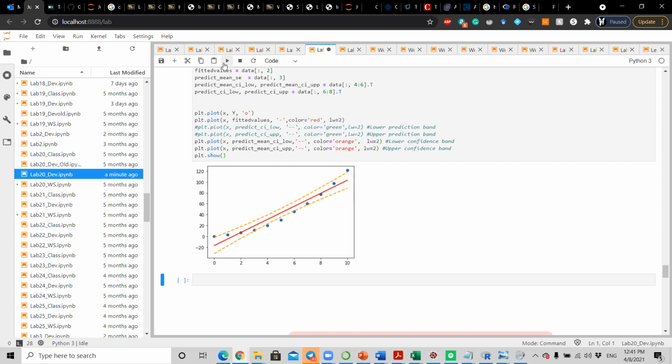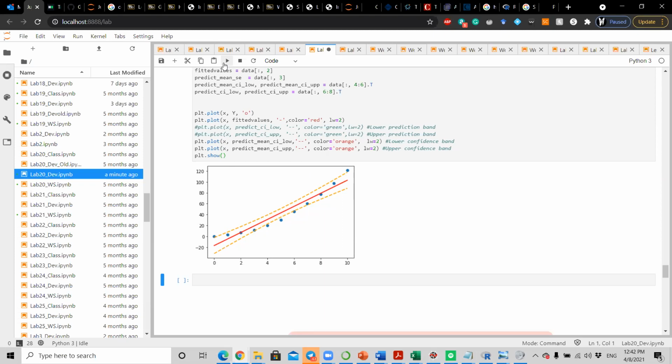We have a red line, and we are using those upper bands and lower bands to say something with 95% confidence. What are we saying? We're 95% confident that the line will be in that area. What line? The line of best fit.